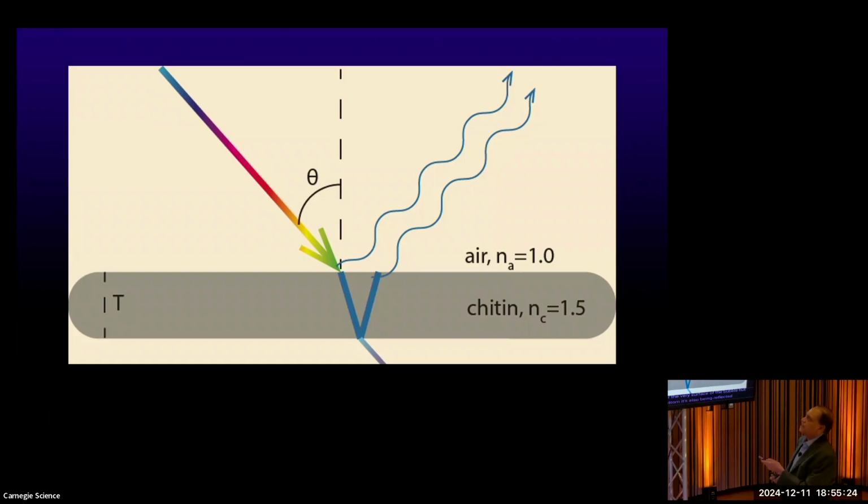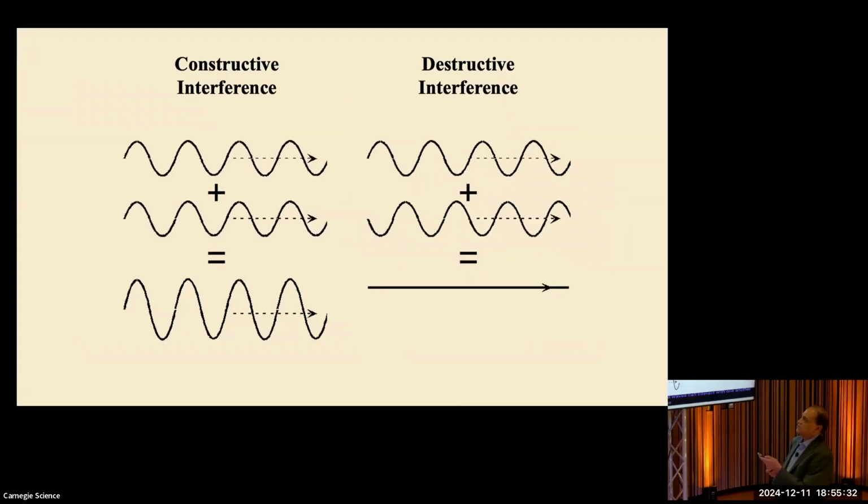But remember, light has wave-like properties. So now these waves can interact with one another. So if after the two reflections, the waves are in phase with one another, they add up and the amplitude doubles and the light looks twice as bright to you. If the waves are out of phase after the reflection, they cancel each other out and that wavelength disappears.